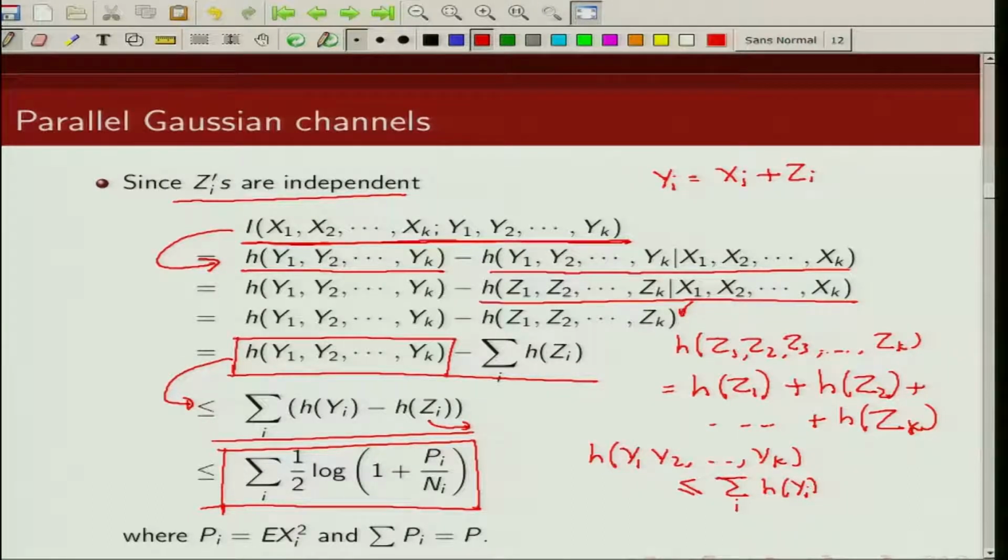Please refer to the previous lecture where we derived this. So the mutual information can be upper bounded by this term, where Pi is given by the expected value of xi square and there is a common power constraint.